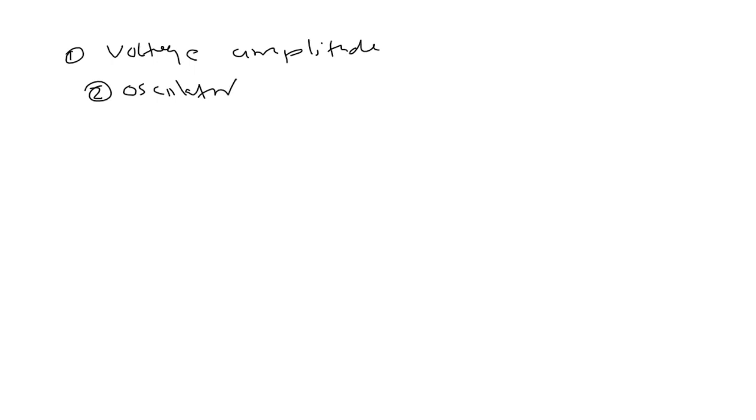The typical use of an operational amplifier is to provide voltage amplitude change, that means voltage amplitude and polarity change.